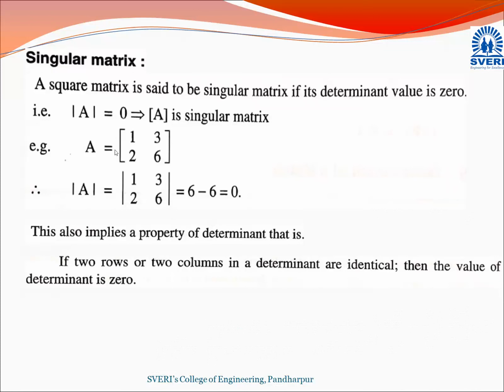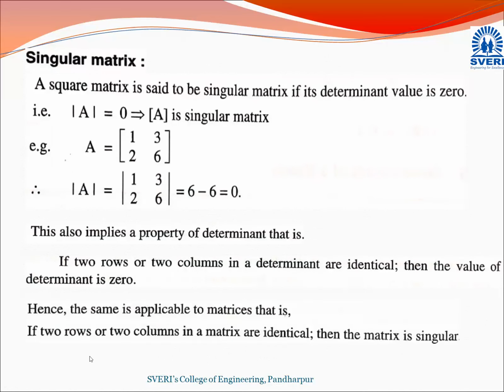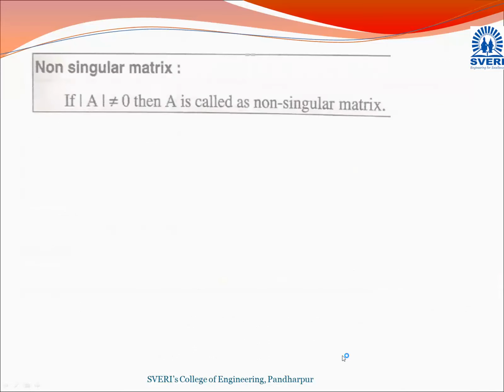So look at this. Matrix A is given with elements 1, 3, 2, 6. If we divide the second row by 2, we get the same elements. So here its determinant is 0. The same is applicable to matrices. That is, if two rows or two columns in a matrix are identical, then the matrix is singular.